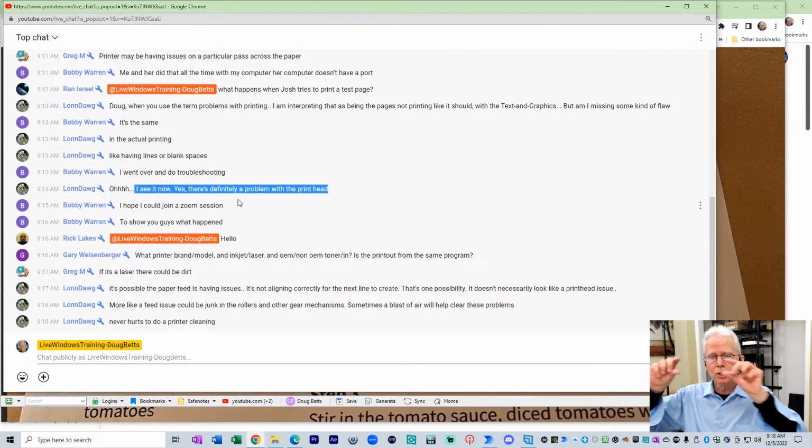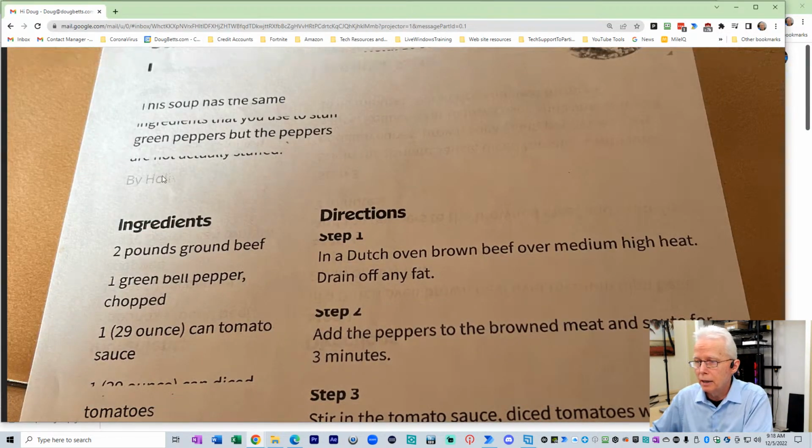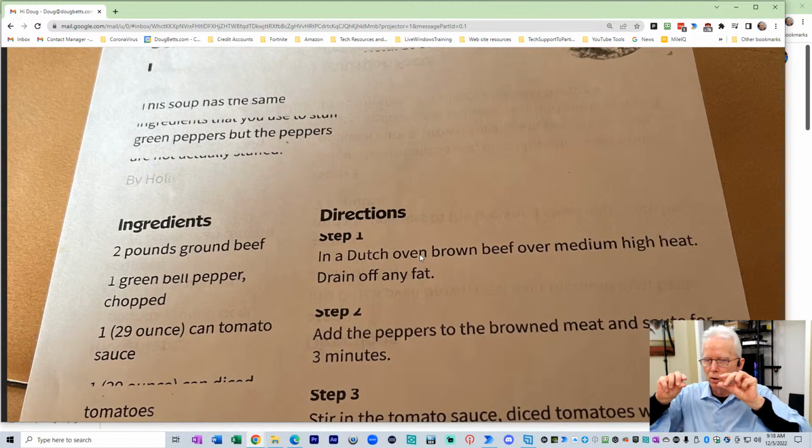Now, an inkjet printer has a much smaller print head. And when I've seen a problem with a print head on an inkjet printer, it would be like one line of dots across. So it would be like looking right across this line right here where the letter O, the letter V, the letter E, maybe right in the middle or at the top section.